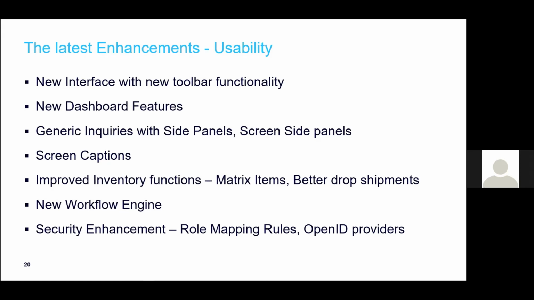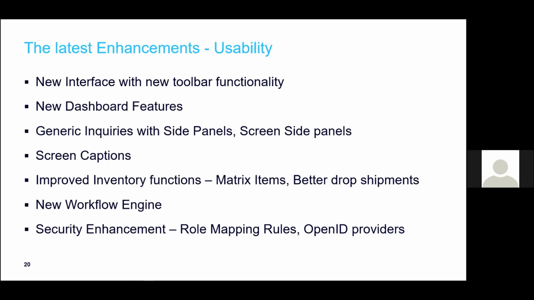One of the ones that we're particularly excited about is generic inquiries with side panels, and screens with side panels. So let's start. A generic inquiry is a type of inquiry that users can design within Acumatica. They can be sophisticated, they can be simple, but it's basically an inquiry screen that users and more technical people can design.